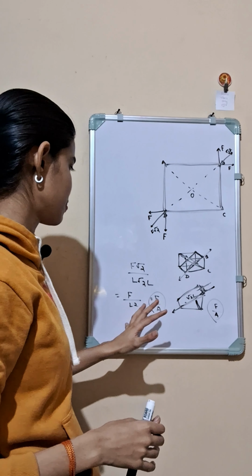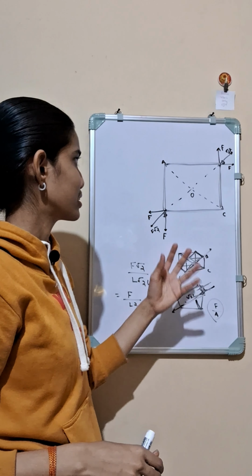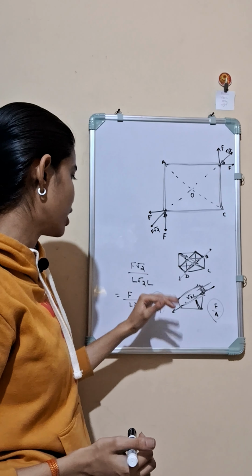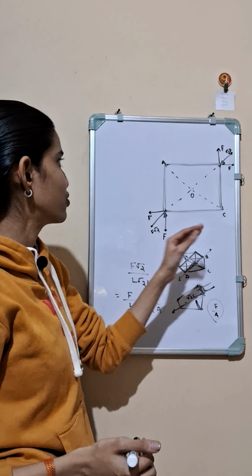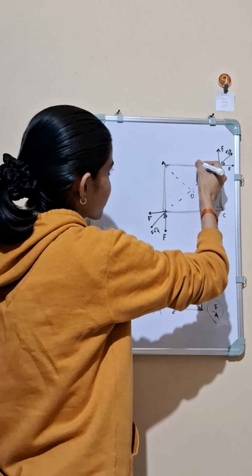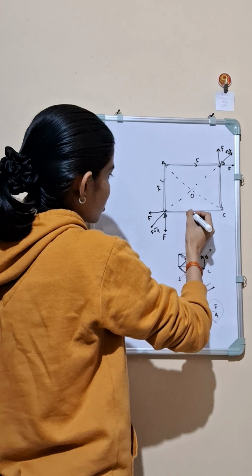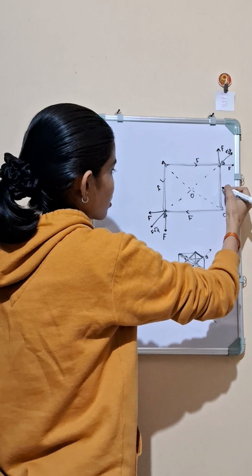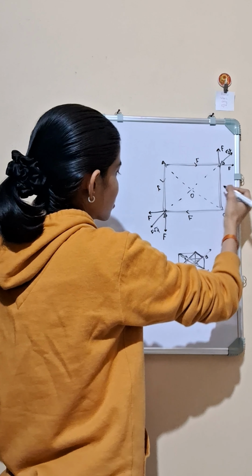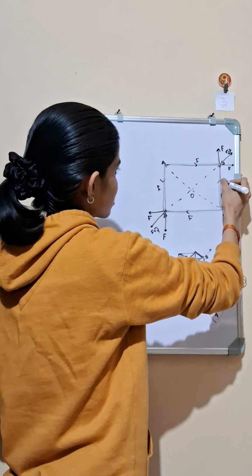So now obviously this will be L, the diagonal AC is root 2 L, so the area will be L root 2 L, and F is also there.